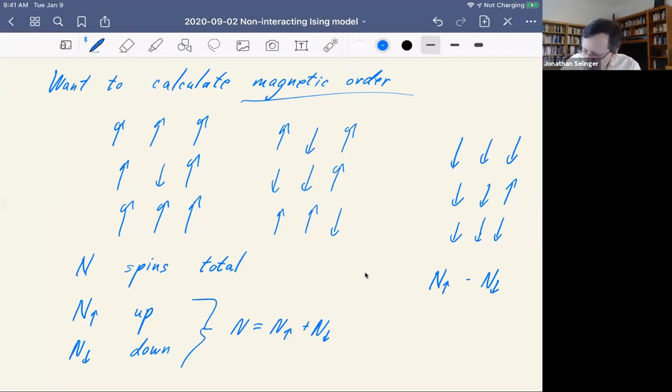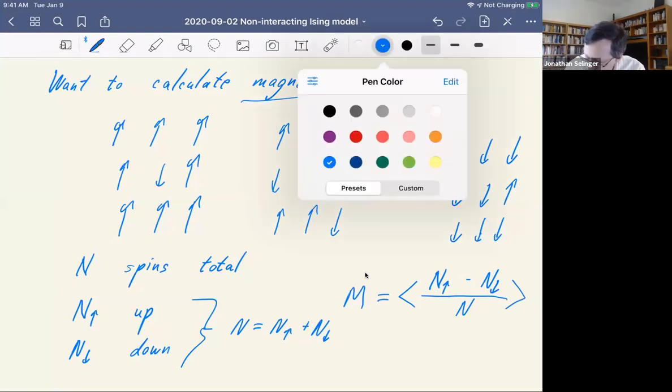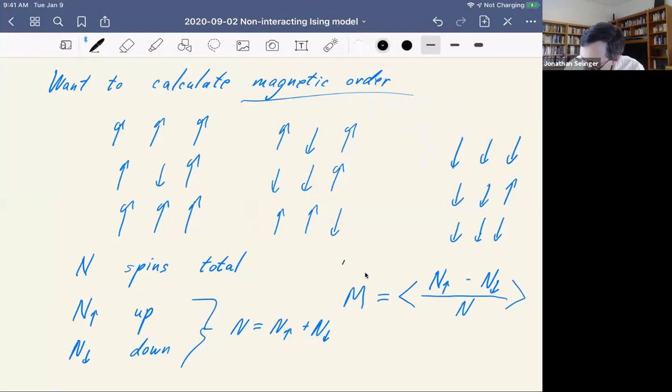Okay, so if we take n up minus n down divided by the total n, okay, and we average that, okay, that is going to be a definition of the magnetic order. Okay, I'll put a box around that. Okay.